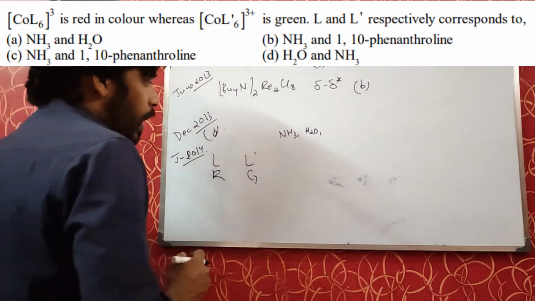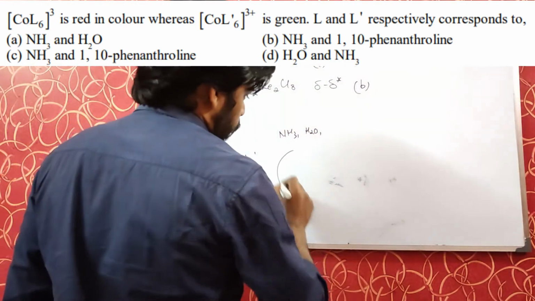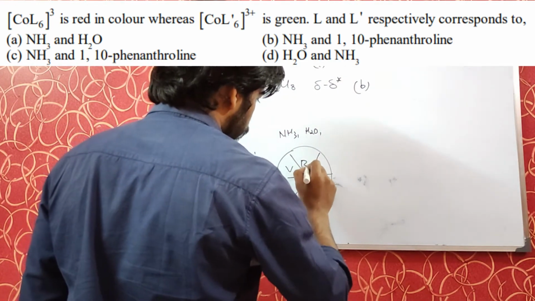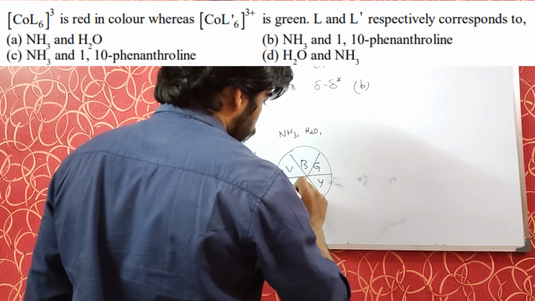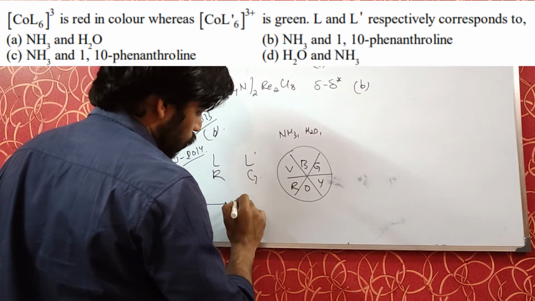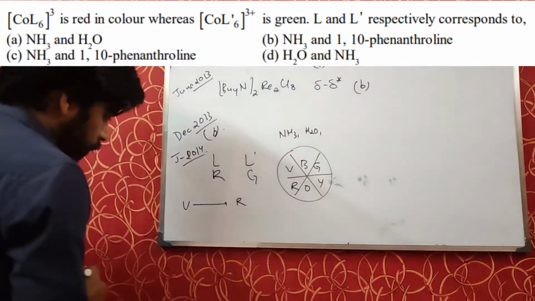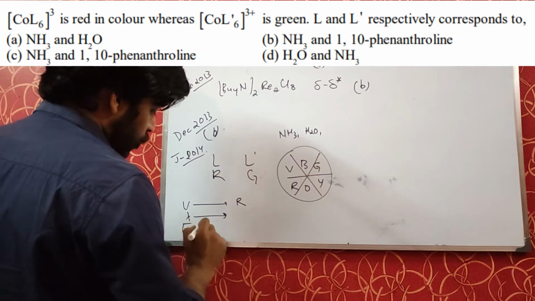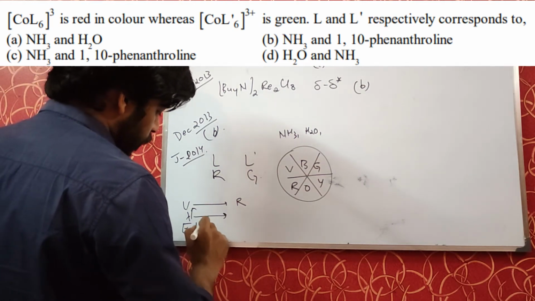Okay, so if you remember the color wheel, going from violet to red, the wavelength increases, energy decreases.